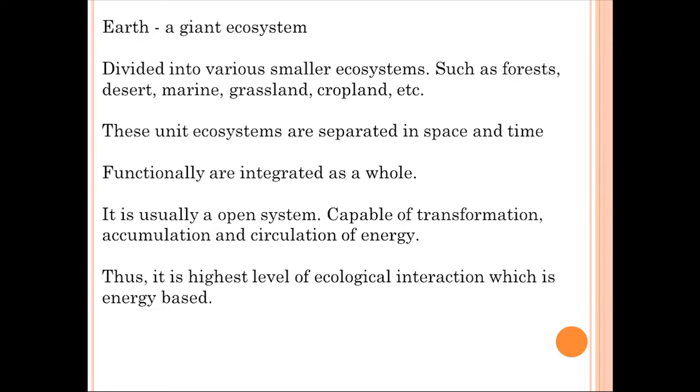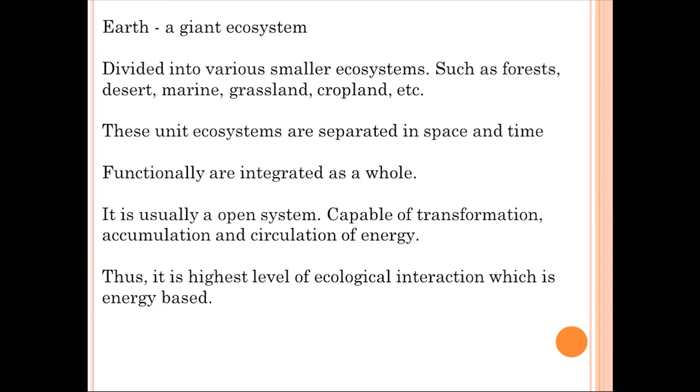A forest may be located in one place, while oceans are far away from the forests. Thus, the ecosystems are separated in space and time, but functionally they are integrated as a whole.